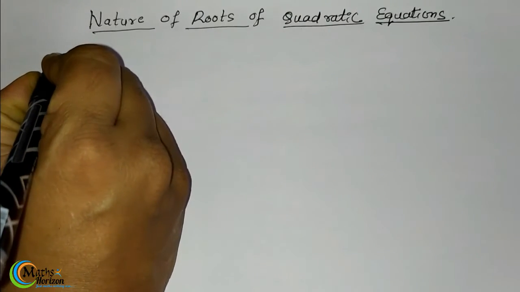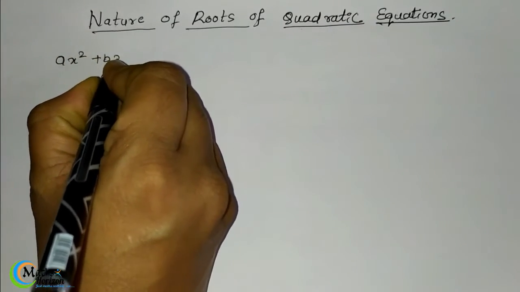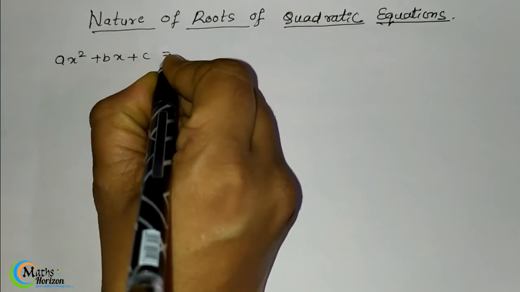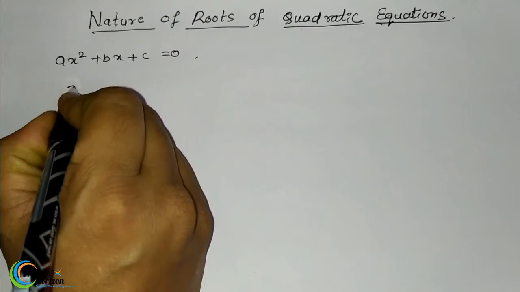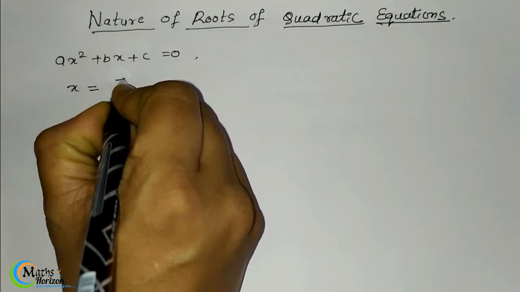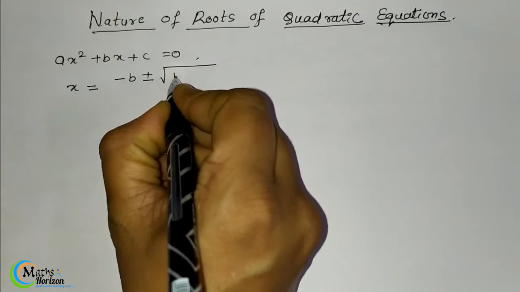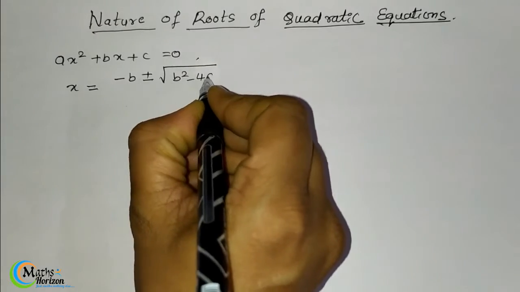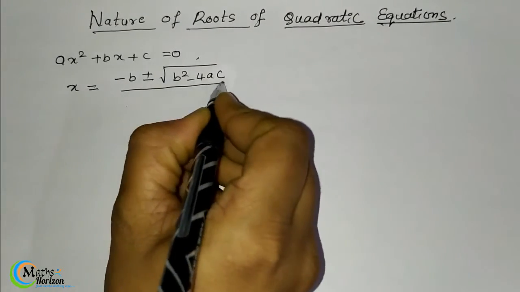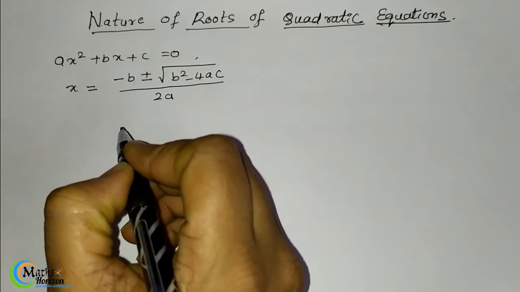For the quadratic equation of the form ax square plus bx plus c is equal to 0, the quadratic formula is x is equal to minus b plus or minus square root of b square minus 4ac, divided by 2a. This is the formula that we have already learnt.